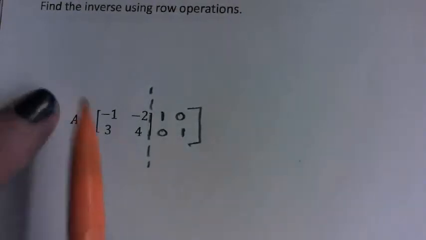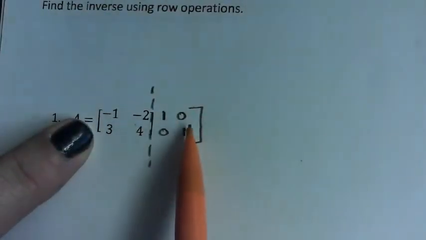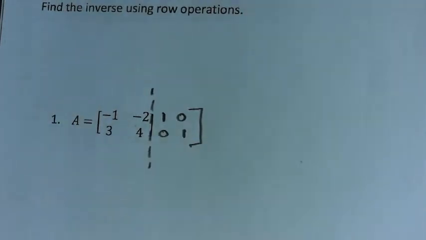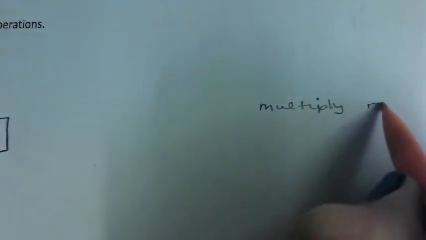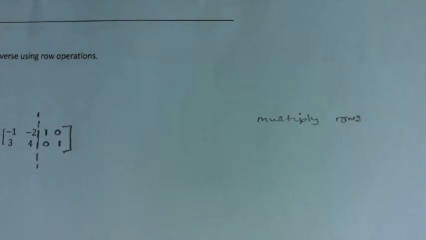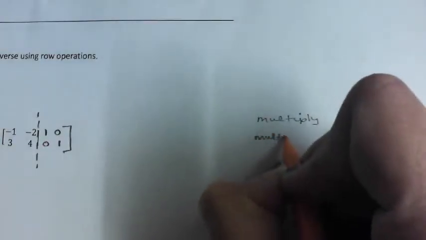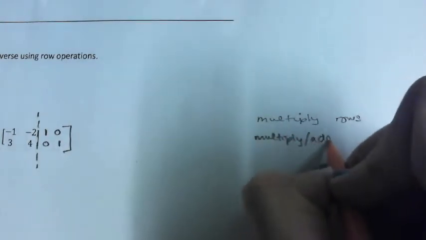Okay, so we're gonna try to turn this into this, and there's a couple things that you're allowed to do. You are allowed to multiply rows by things. So I'm gonna put over here what you're allowed to do. You're allowed to multiply rows. You're allowed to multiply and add rows together.